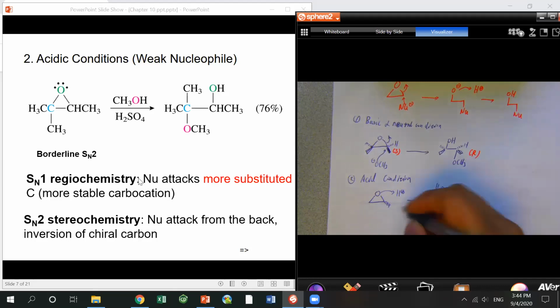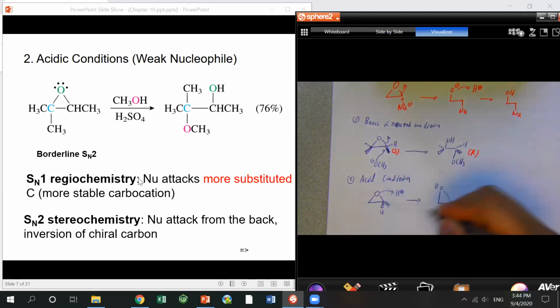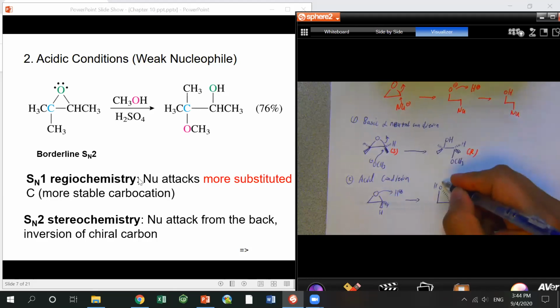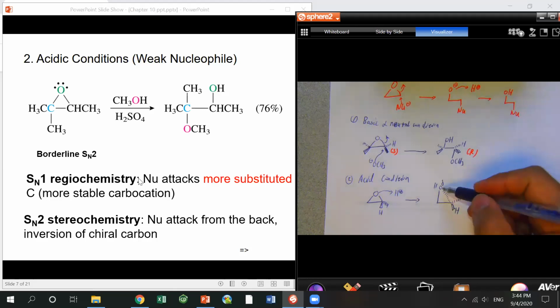We still put the hydrogen on. Here the oxygen bond with the right carbon breaks, and the positive charge on oxygen can be shared with the right carbon.